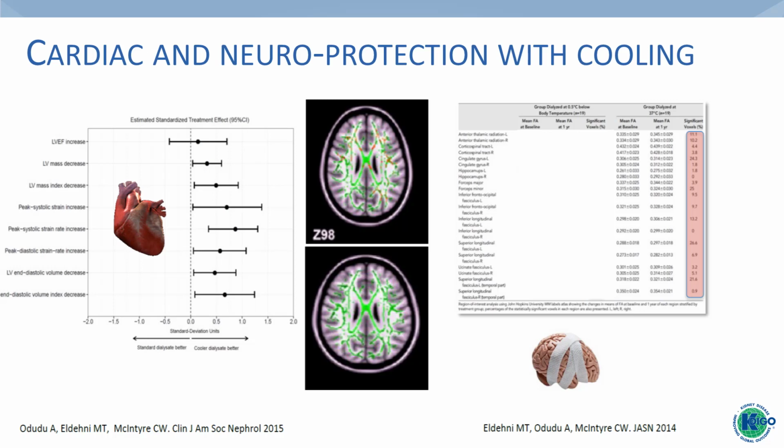And I realise it's quite small to see, but on this heart side of things, these are all markers of cardiac function: left ventricular ejection fraction, left ventricular mass, etc. And you can see all of these parameters benefit with a cooler dialysate versus a standard dialysate.